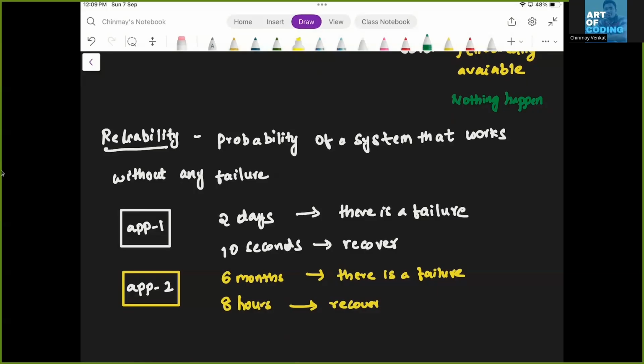The first application has high availability and low reliability.